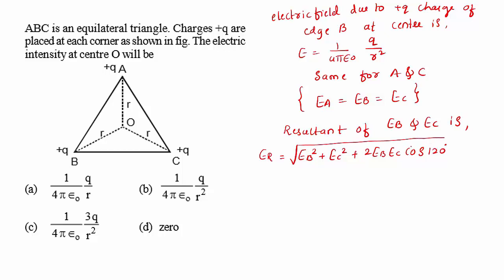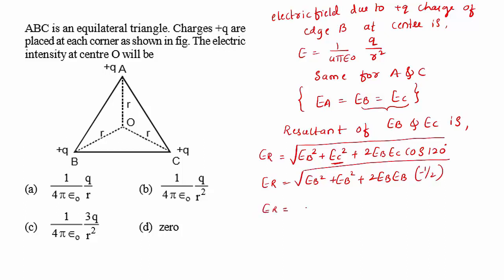Then cos 120 is minus 1 by 2. So for the resultant vector, we get EB square plus, in place of EC I can write EB because we know that EB is equal to EC. So EB square plus 2EB into EB into cos of 120, which is minus 1 by 2. So we will get ER equal to root of EB square, which is simply EB.